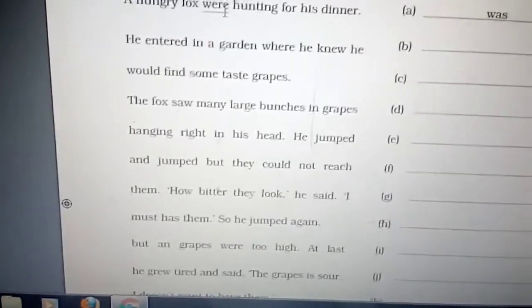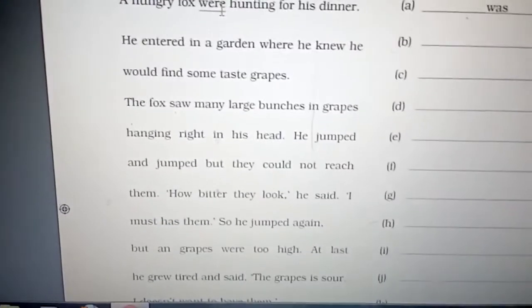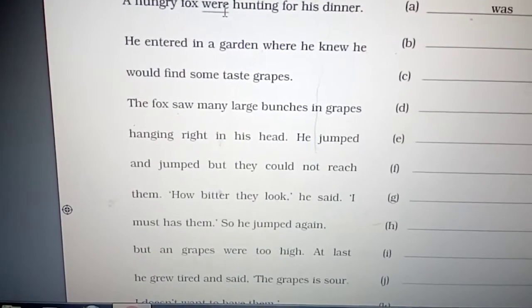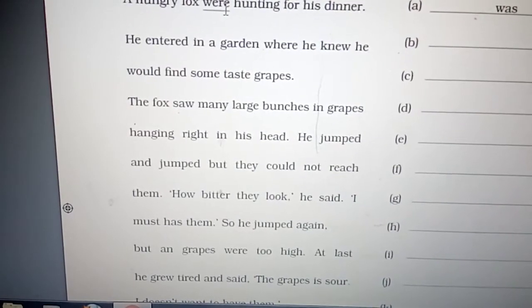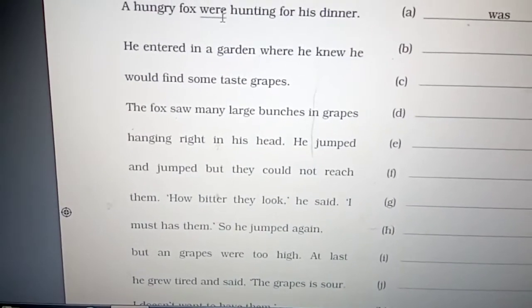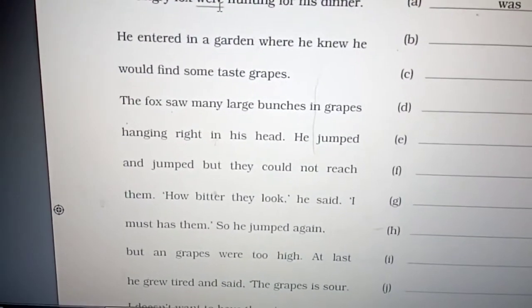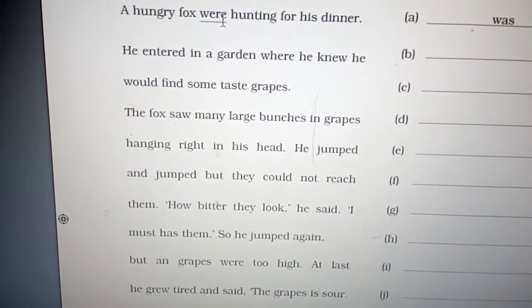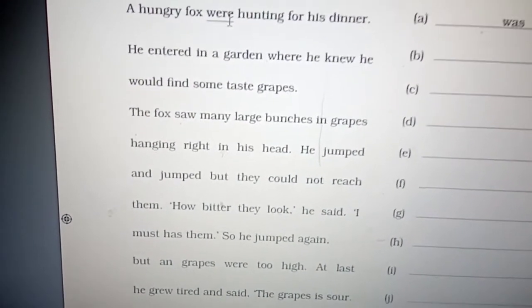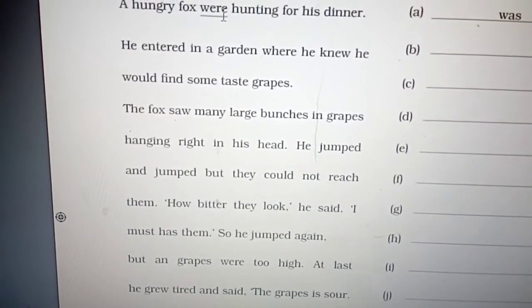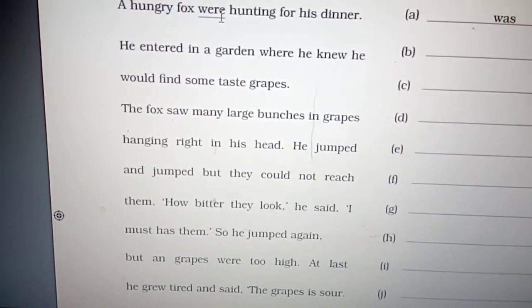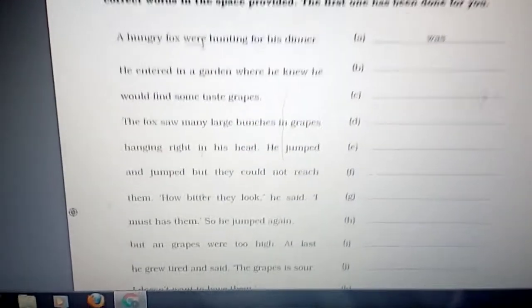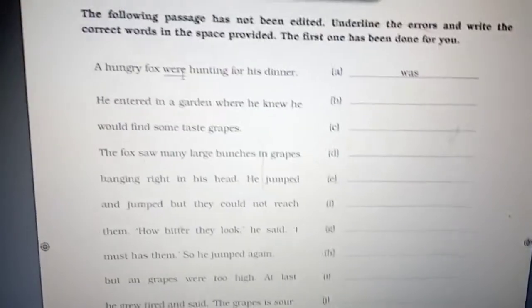See here, a or an is used for a singular countable noun, but grapes here is more than one. It is plural, so an will not be used for a plural countable noun, so it will be the grapes. So he jumped again, but the grapes were too high.